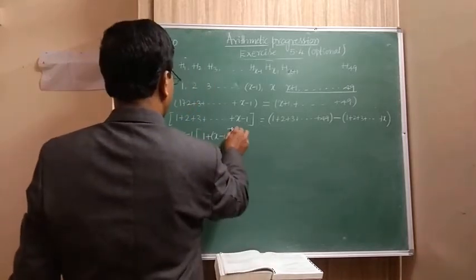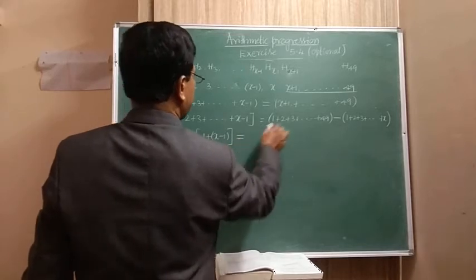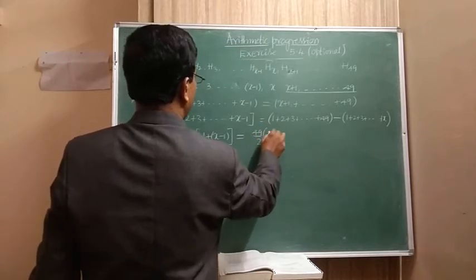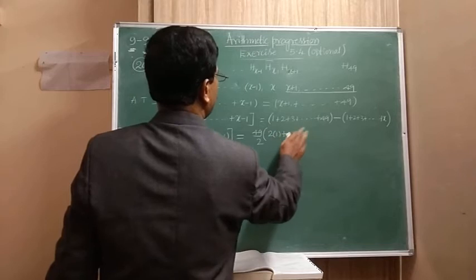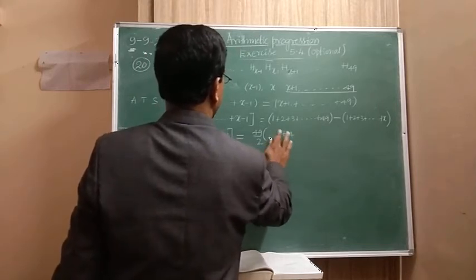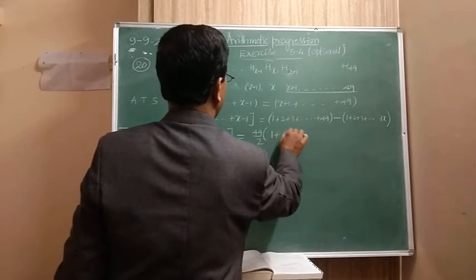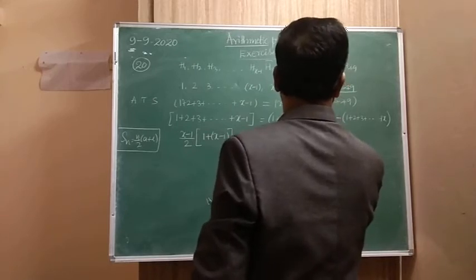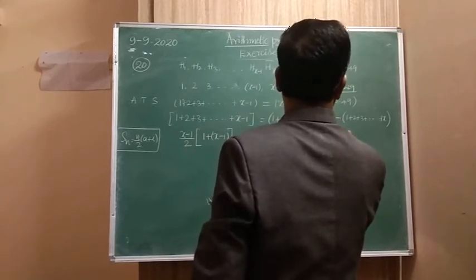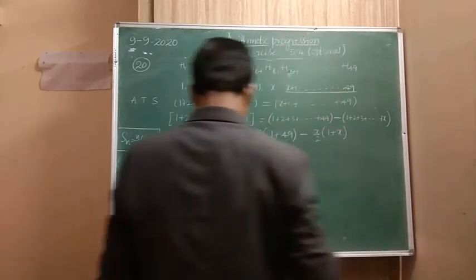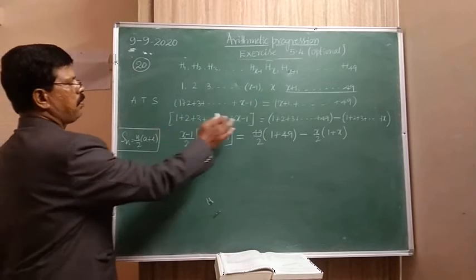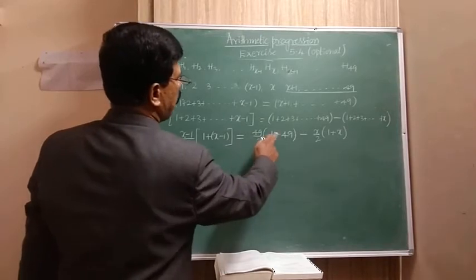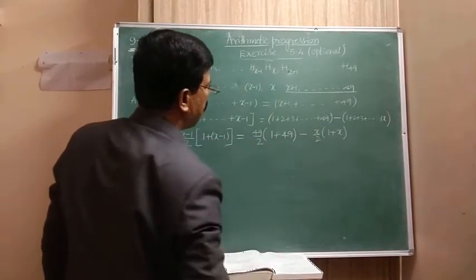Then this is equal to, for 1 to 49, 49 by 2 into 2 into 1, a means 1, plus 49, then minus x by 2 into 1 plus x. So here we are applying n by 2 into (a plus L), here also, and here also.